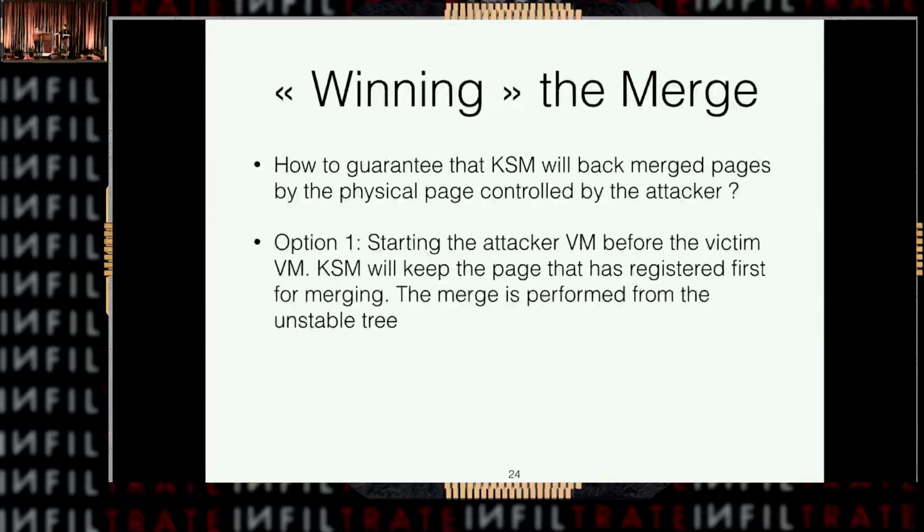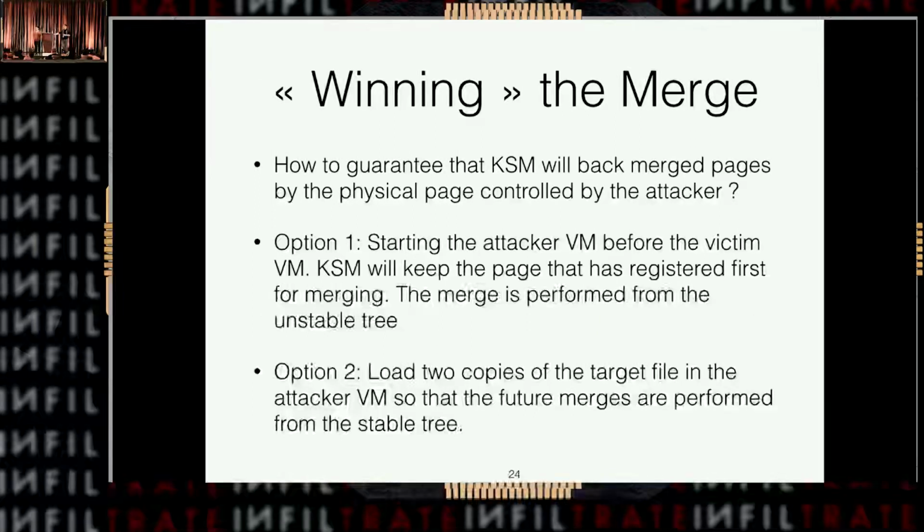You have to load two copies of PAM Unix SO on the attacker VM and wait for KSM, because I told you that KSM has 2 trees, the stable tree and the unstable tree. So maybe the PAM Unix SO in the victim VM will be in the unstable tree, but if you wait a full pass of KSM, it will trash the unstable tree.